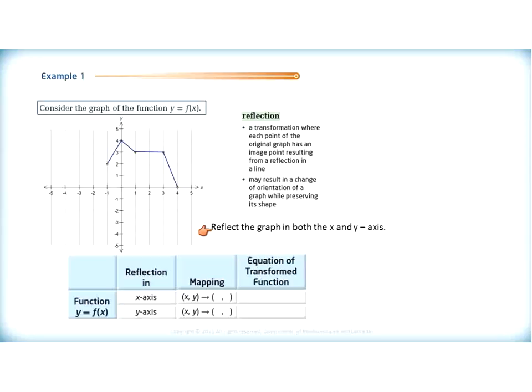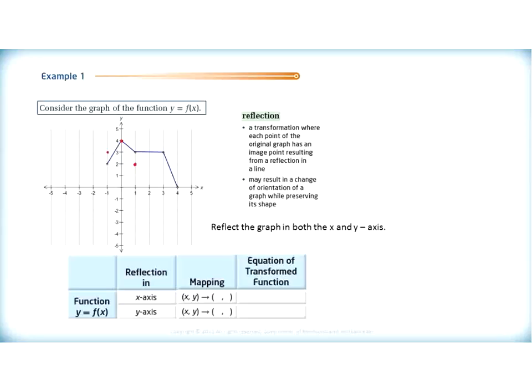Let's do that. Let's reflect it in the y-axis first. Use a different color here to represent the reflection. Obviously, if I reflect it in the y-axis, this point will not change. The point here will be reflected right here, okay? I have another point as a result of reflection right here.